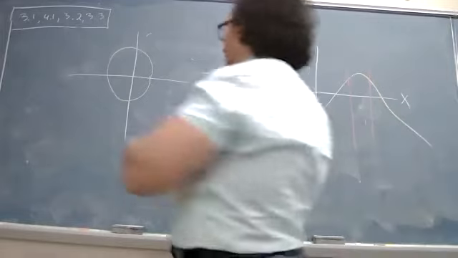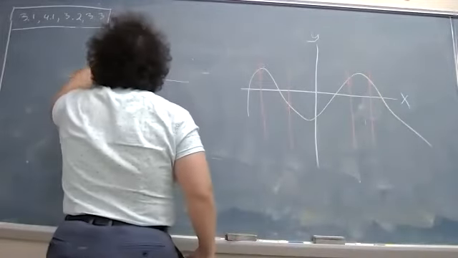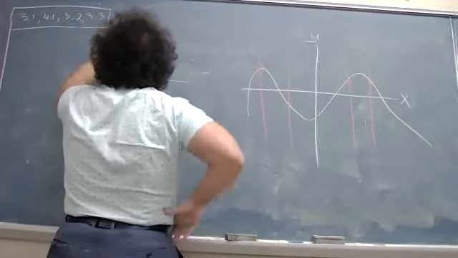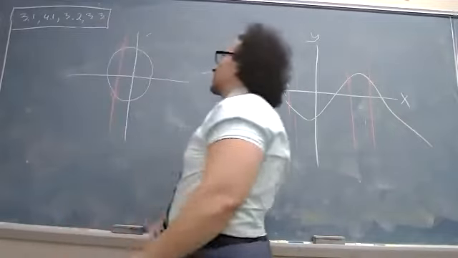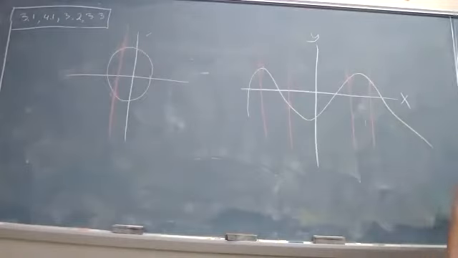No, because I can create a vertical line and take a look. It crosses the function at two locations instead of one. So that is not a function.